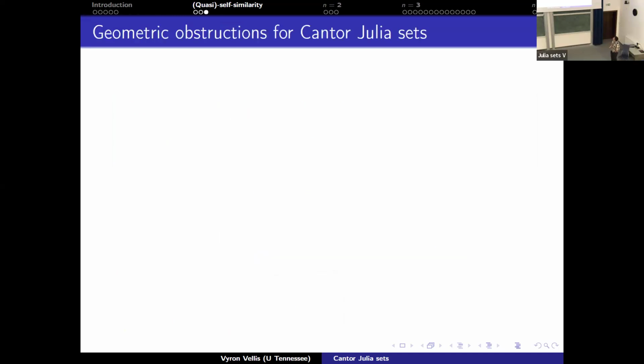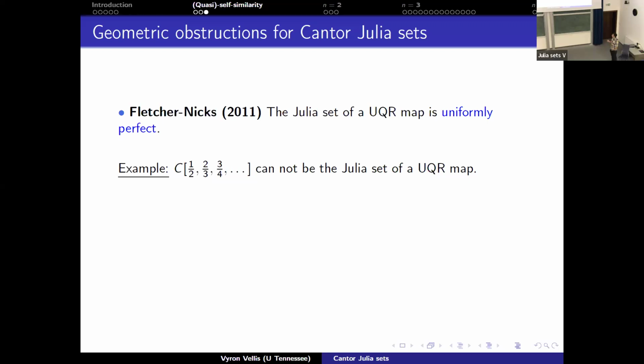Okay, so now let's go back to Julia sets. And here we have two geometric abstractions for Cantor Julia sets. The first one is a theorem of Alastair Fletcher and Dan Nicks, which generalizes the three-paper theorem. Right? The three-paper theorem I mentioned at the beginning said that Julia sets of rational maps are uniformly perfect.